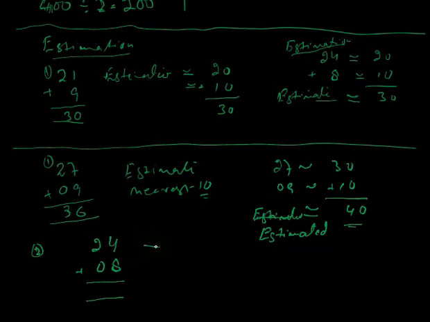So two ways, and when we estimate it, round it to 10. So 8 and 4 is 12, 1 is carry and 2 and 1 is 3. So 32 is the answer. When we estimate it, 24 can be written as 20 and 8 can be written as 10. So it becomes 30. So the estimation answer is 30.